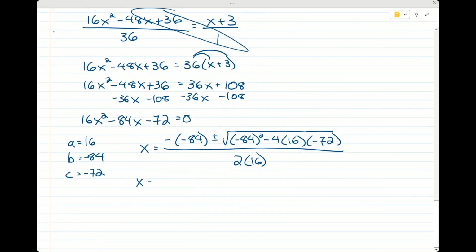All right, so let's see what this comes out to be here. We just get 84 plus or minus the square root of 84 squared minus 4 times 16 times negative 72, which is a ridiculous number. 11,664 divided by 32.